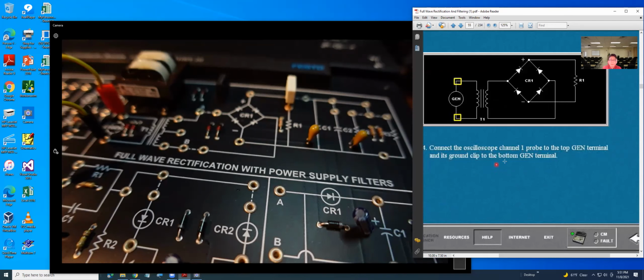Connect the scope channel 1 probe to the top generator terminal, and its root clip to the bottom generator terminal. So now I make the connection.